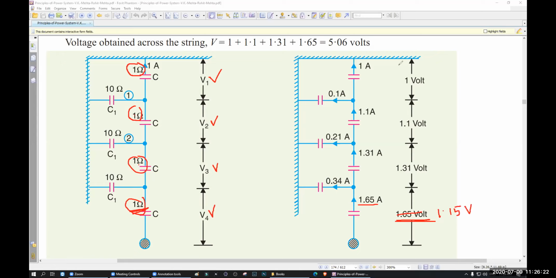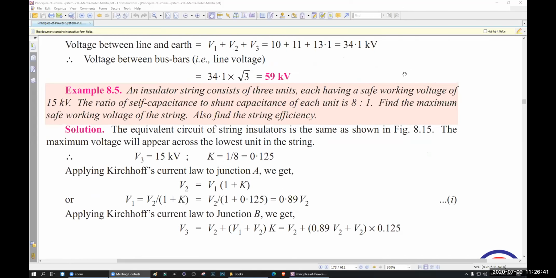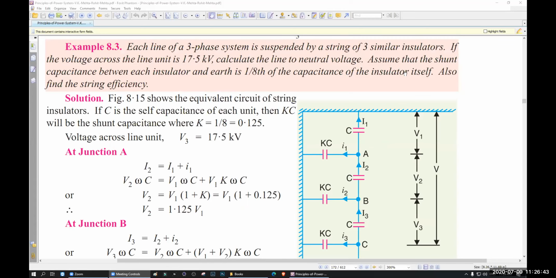So understand, we are actually trying to make the voltages equal. So how to do that? Grade the capacitance, make them bigger so that the ohm becomes smaller. Understand my point? So that is called grading the capacitance.